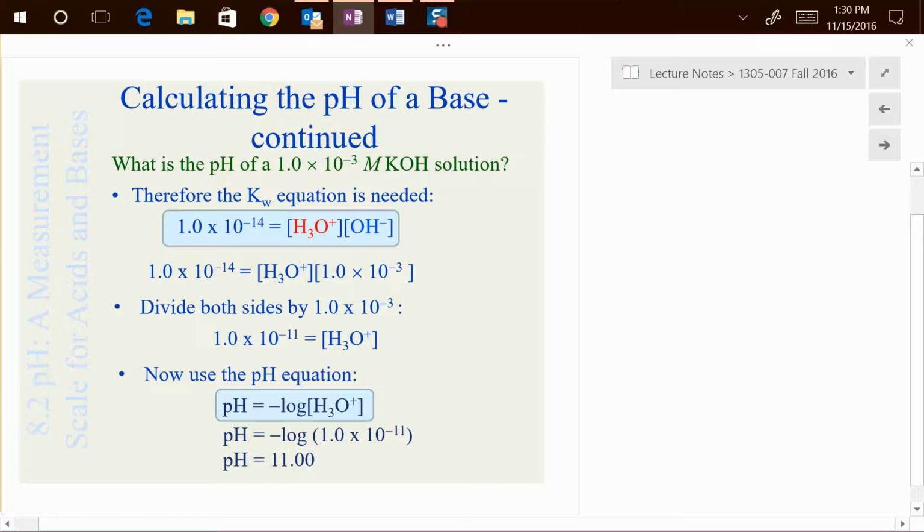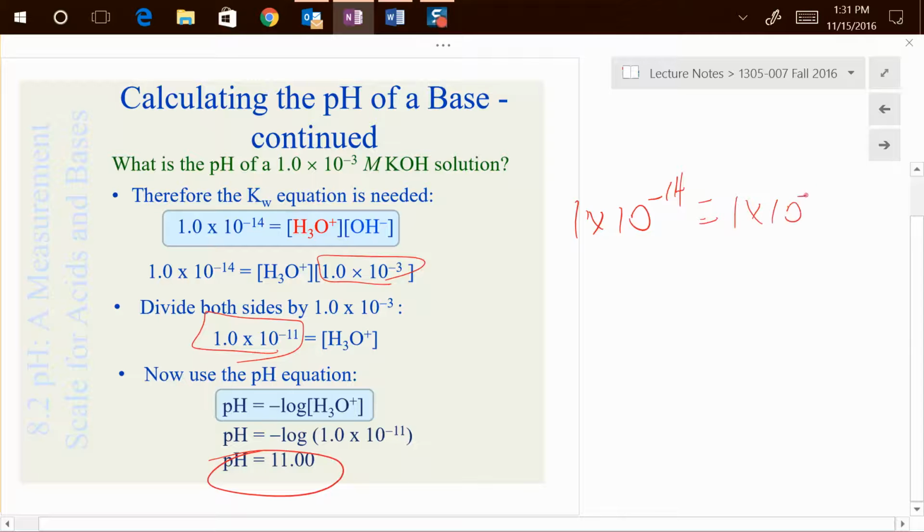Okay, so here they're showing that, right? We get to a pH of 11 because they did it differently. They went to the H plus concentration from here because they said 1 times 10 to the negative 14 is equal to 1 times 10 to the negative 3 times x, and x is the H plus ion concentration.